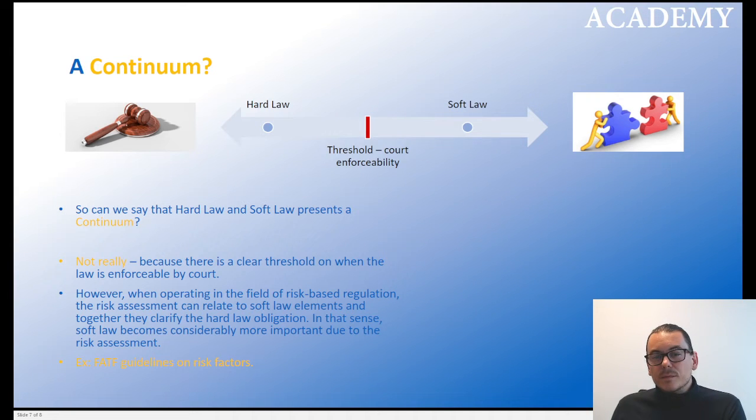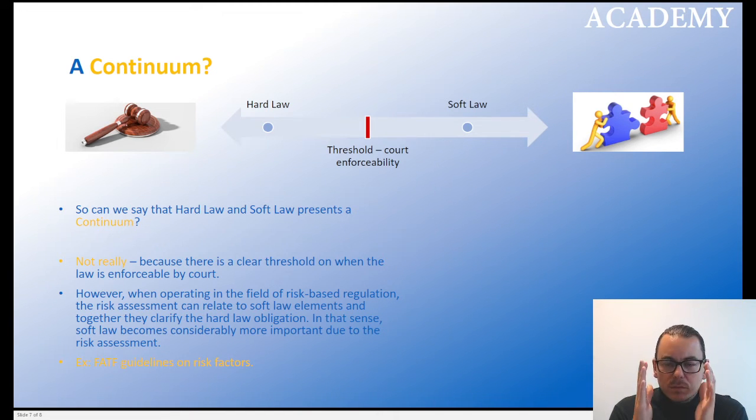So when I made these slides ready, I was thinking myself, is there a continuum between hard law and soft law? Because typically we would say no, because we have this clear threshold of course enforceability and that the legal instrument has a binding effect.